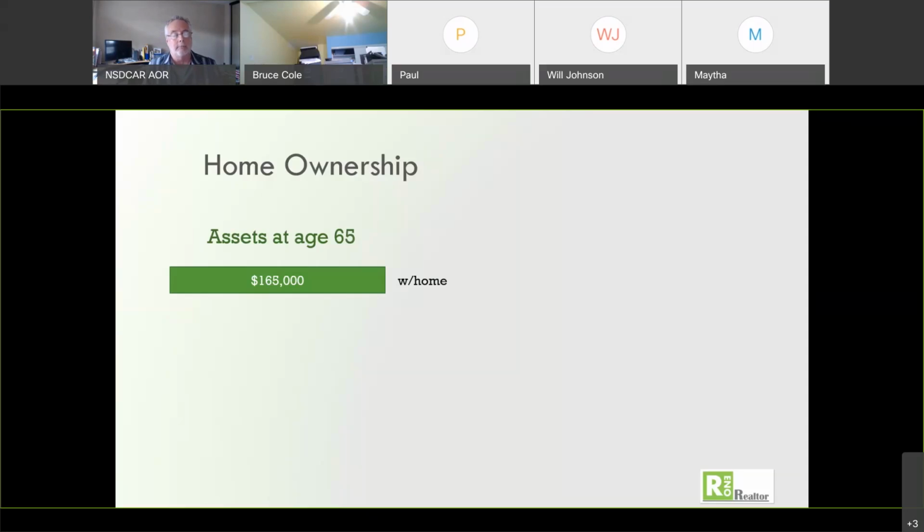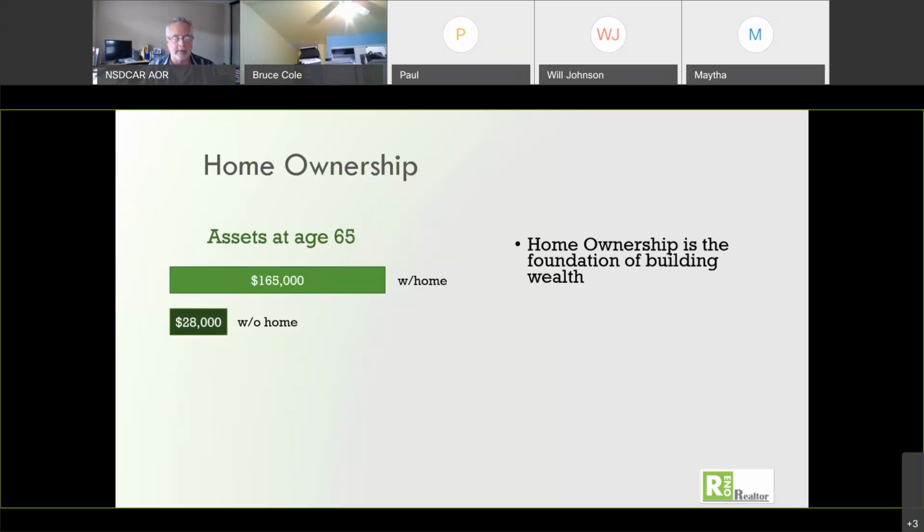The real shock here is what you're worth if you don't own a home. And that's really pretty shocking. It's unsettling to think for a moment that you're going into retirement and you really don't have any assets to work with. So this really emphasizes the importance of home ownership. It really is the foundation of building wealth.